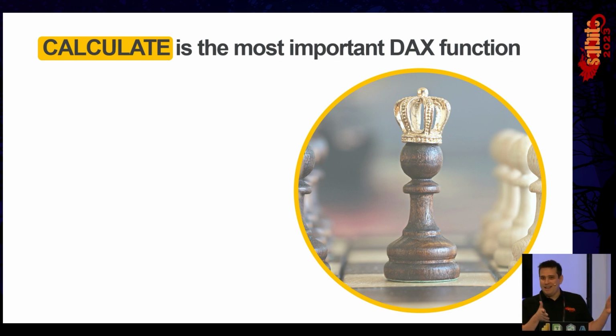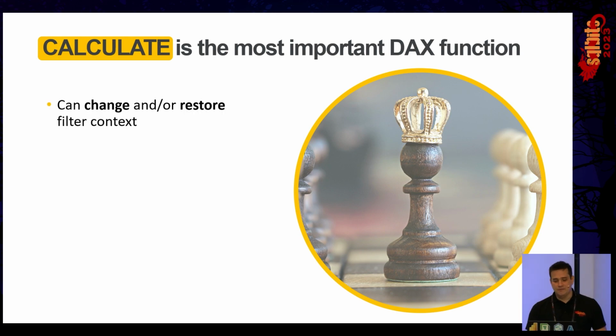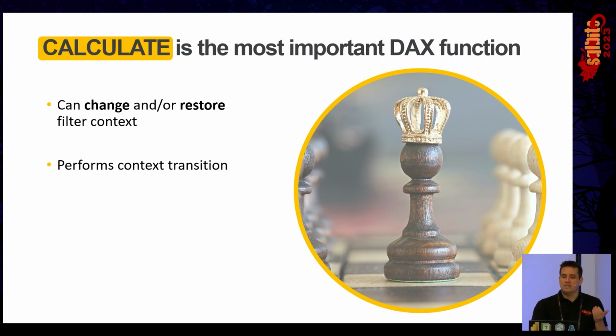Apart from Greg, which is a Microsoft MVP, everybody can agree that CALCULATE is the most important DAX function. You can change or restore some filter context, and it performs context transition.